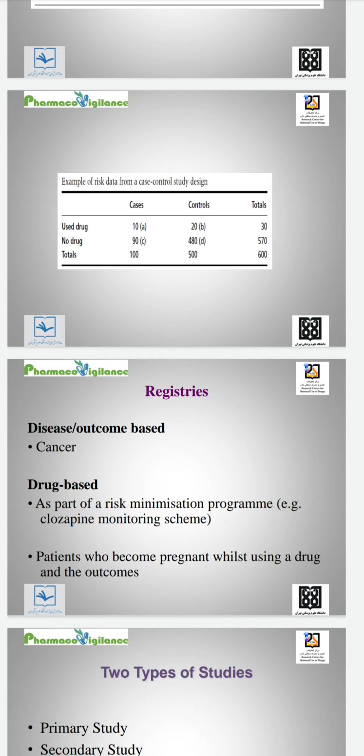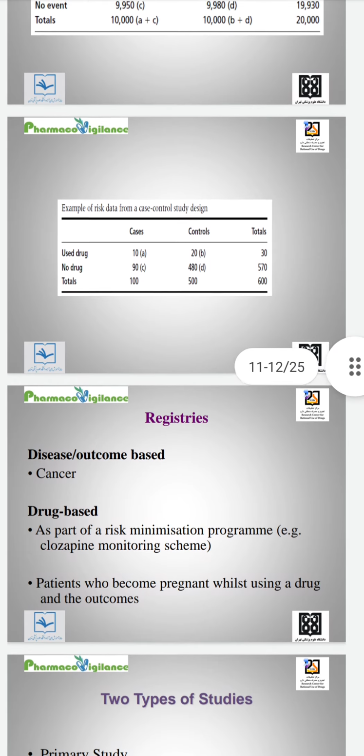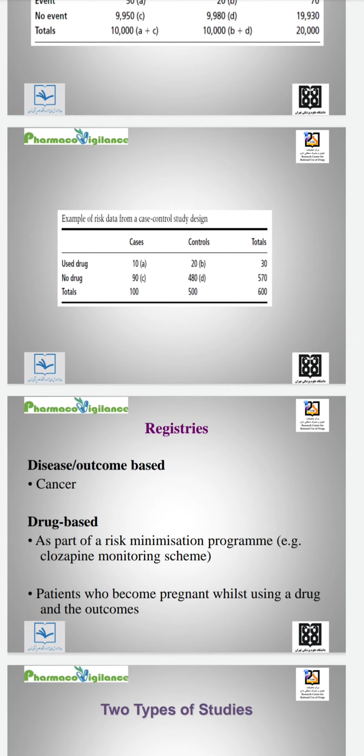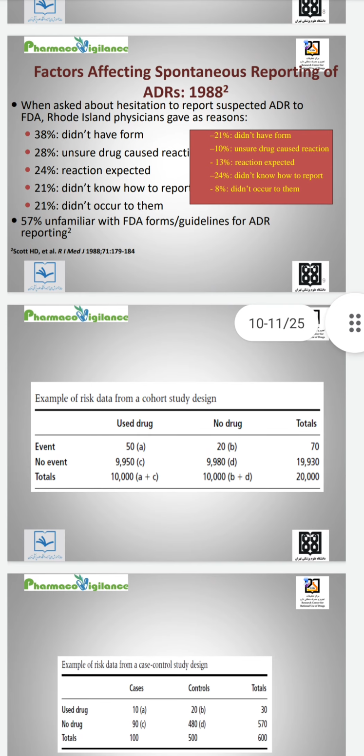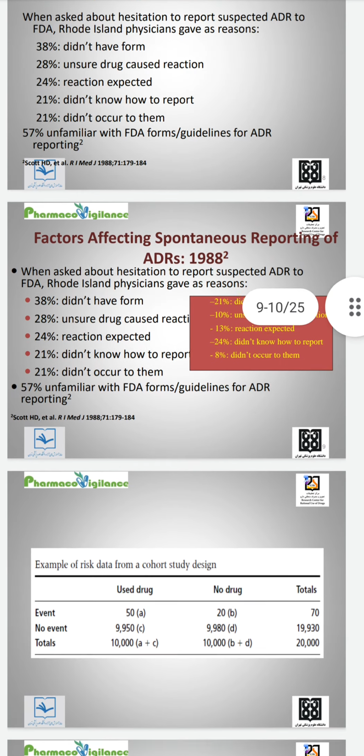Patients who become pregnant while using a drug, and the outcomes: this is disease outcome based. Or is it a close-up monitoring scheme? This is a drug-based registry. In this example, we learned the risk data from a cohort study or case control study.